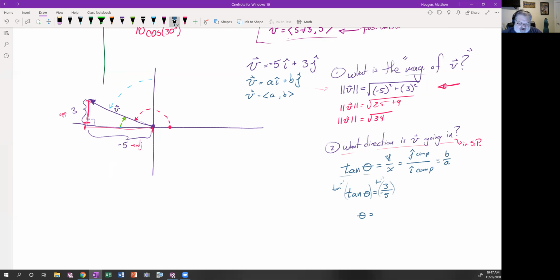And what do you get when you find the tan inverse of that? I get negative 30.96. Ooh, negative 30.96 degrees. It would be degrees, right? So you get negative 30.96 degrees.